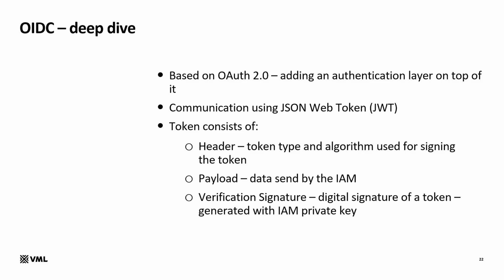In the header we have information about what type of algorithm was used for creating it. The payload has those claims, the data that the parties are sharing. For example, who is the issuer of the token, who created it, what the token is for, the audience, or maybe some metadata that we want to share. It's quite an open standard, so we can share what we want.